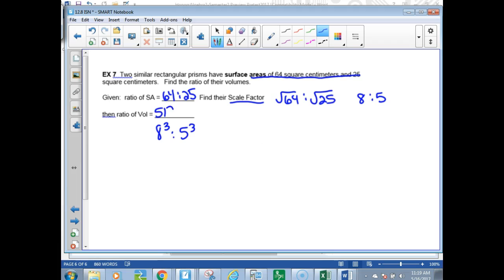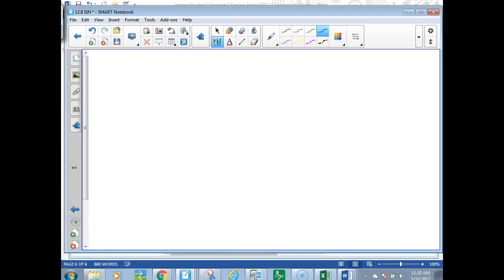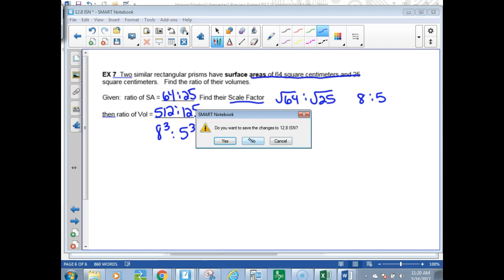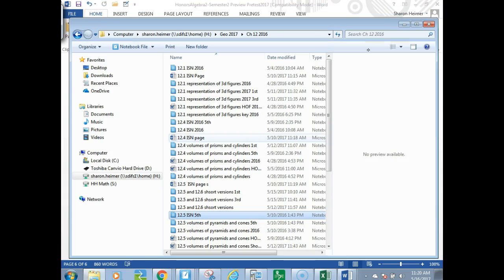Yep, 512 to 125. Those are the kind of things you're going to have questions on. You had to unsquare these to get your scale factor and then cube it to get the ratio of the volumes.